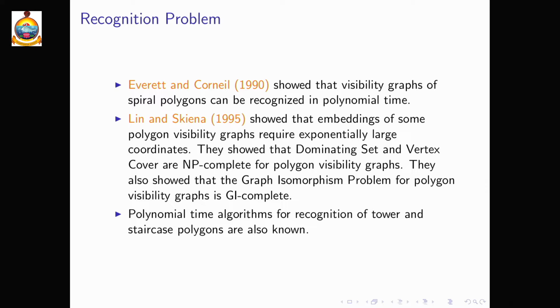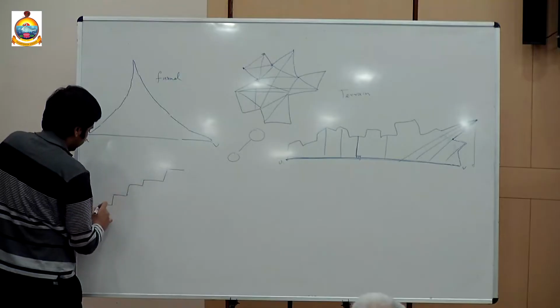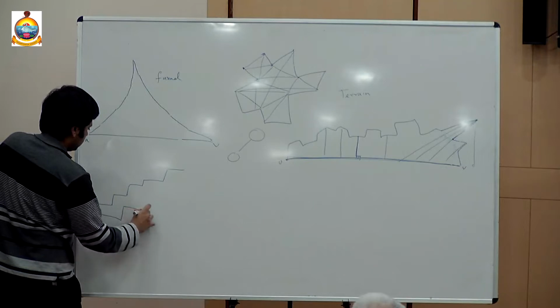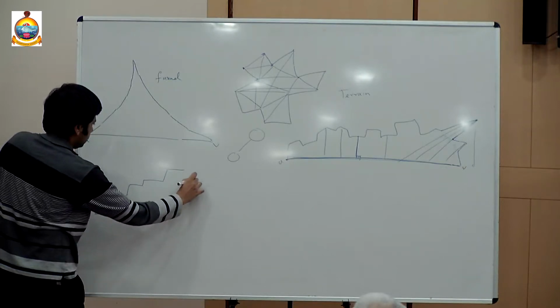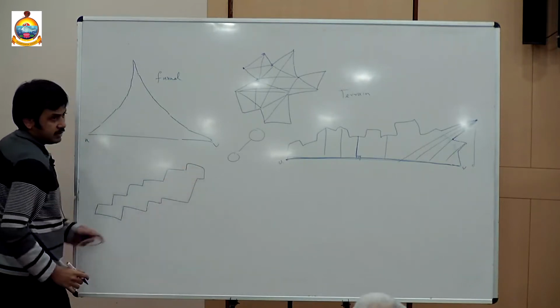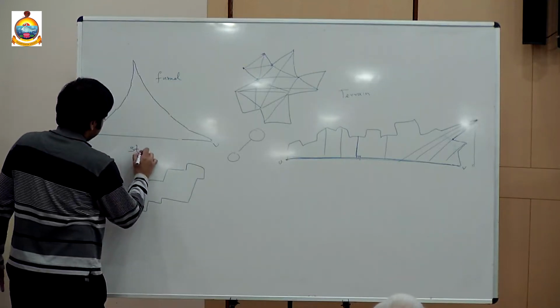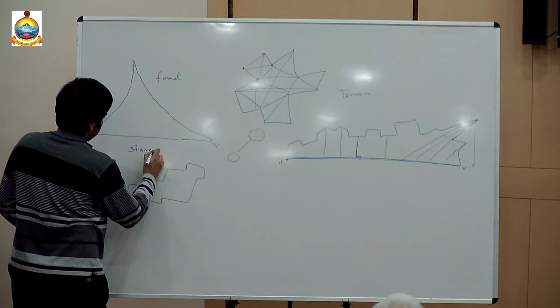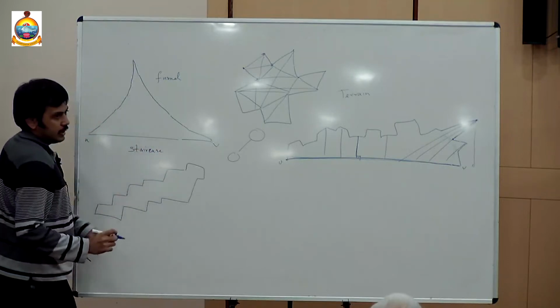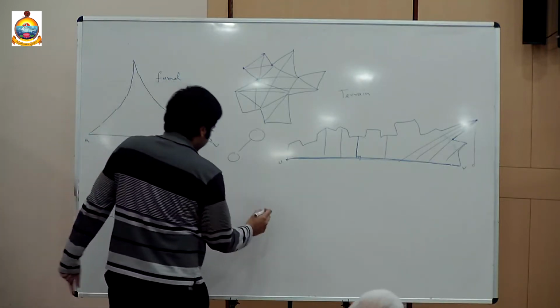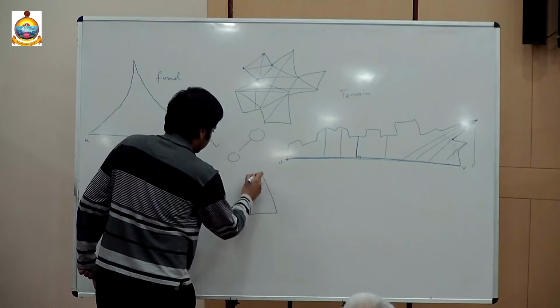Then you can have this kind of thing, a staircase. And then you can have 1 convex and 1 concave chain.